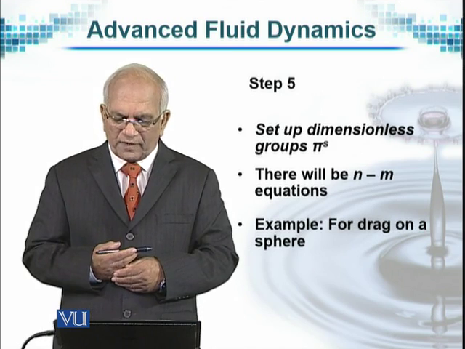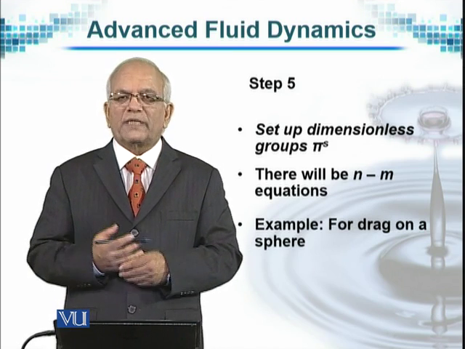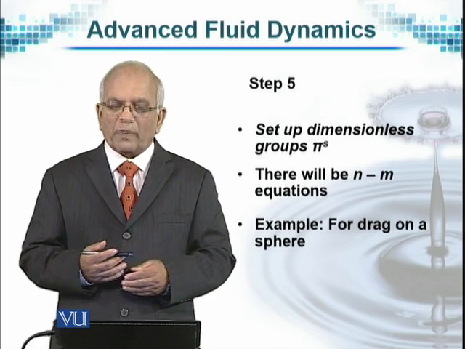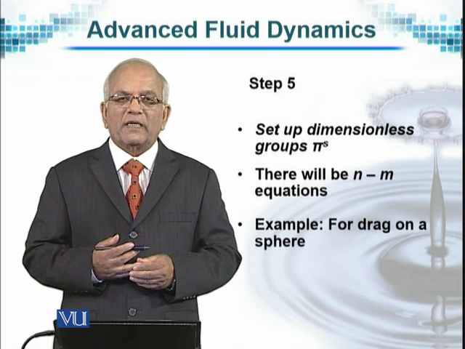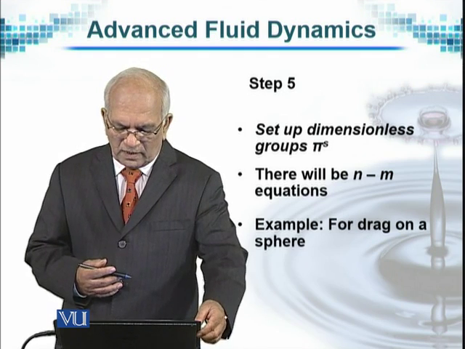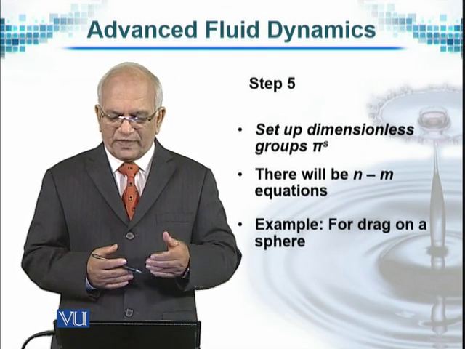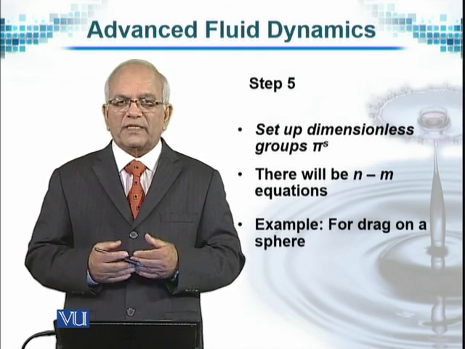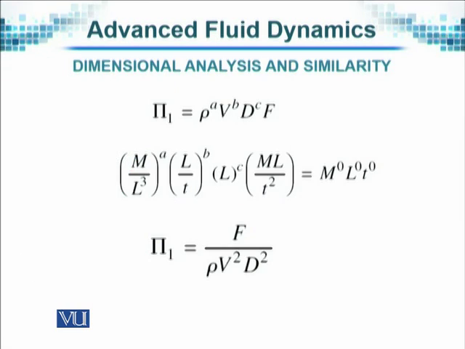In the next step, we try to set up the groups by using the dimensionless parameters. And again, referring to the problem of drag on a sphere, we observe that pi 1 will have dimensions rho into V into D into F, and then we calculate its dimension.